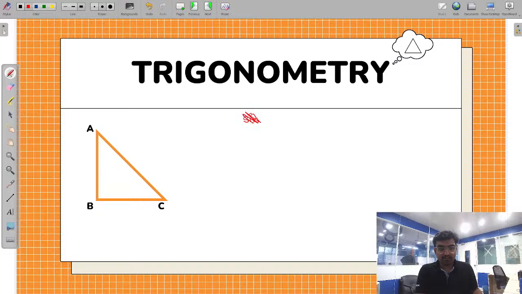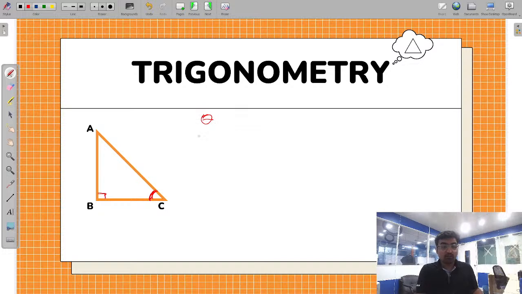Okay, wait, let's just first introduce this triangle. Let's say this is a right angle triangle ABC, in which angle B is 90 degrees, correct? Now let's say I'm talking about angle C, right? In trigonometry we will be using theta a lot. Now what is theta?